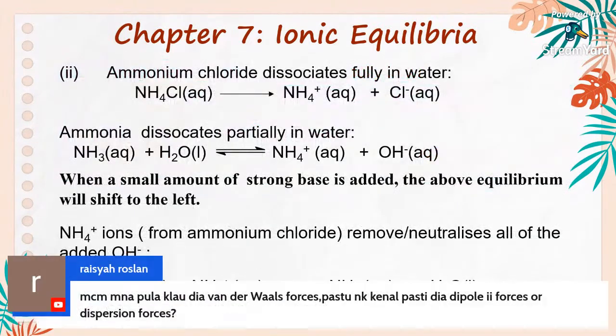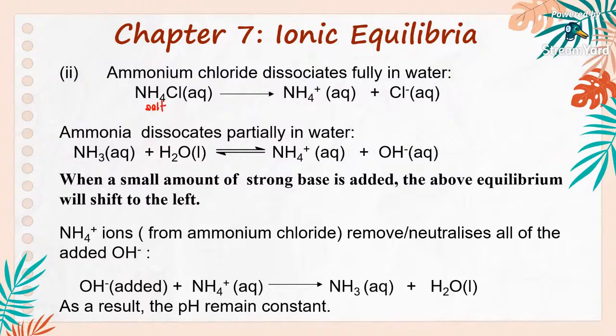So you may write the equations. This is the salt, ammonium chloride, which dissociates fully in water. And then the ammonia, which is the weak base, dissociates partially. Can you see, for dissociating partially, we use a reversible arrow.